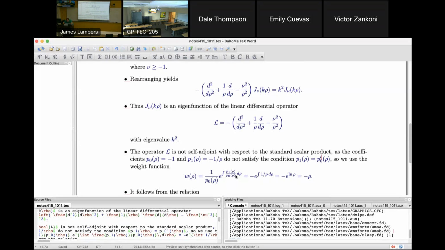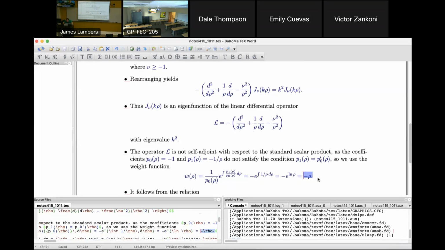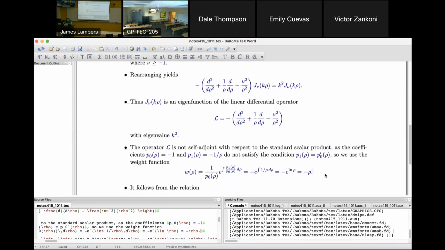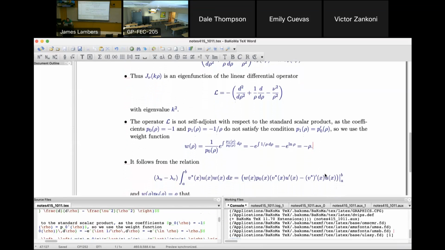We fill in all of that, and thankfully everything works out pretty nicely: we get rho for the weight function. I should point out that when it comes to weight functions, the constant factor is not relevant. You can use a different constant factor if you like. It's customary, for instance, to make a weight function positive.